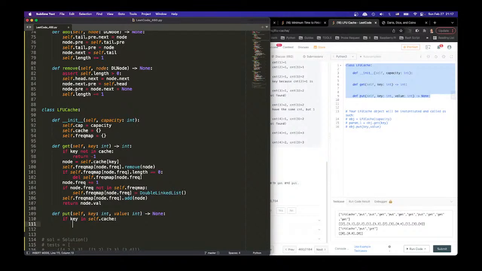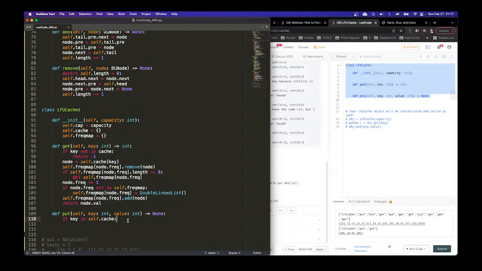So key is inside, so we're just updating it. Now updating is the same thing. I have to go through the entire thing. If you think about it, right? Because if it's in it, I put value in. It's just like I need to get it. I need to do all this.